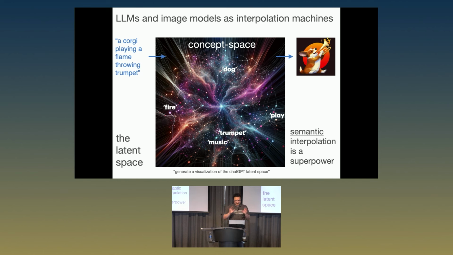If we think of these models, both the language models and the image models, as a sort of interpolation machine, what do I mean by this? If we put into the prompt a corgi playing a flame-throwing trumpet, that goes into this black box system, into this space called the latent space. It then gets decomposed into concepts, right?